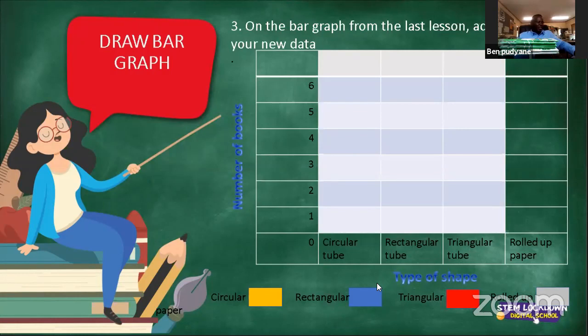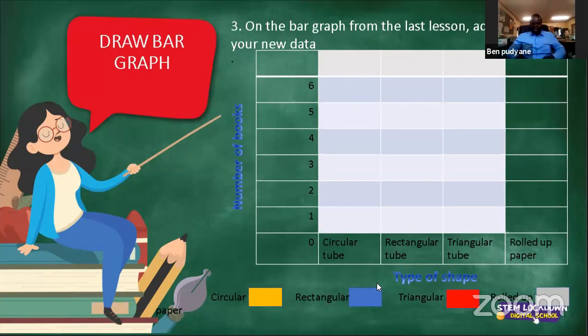Number 9. Just look what is happening. Yes, number 10. Number 10 is starting to bend. 10 books on top, no breaking.